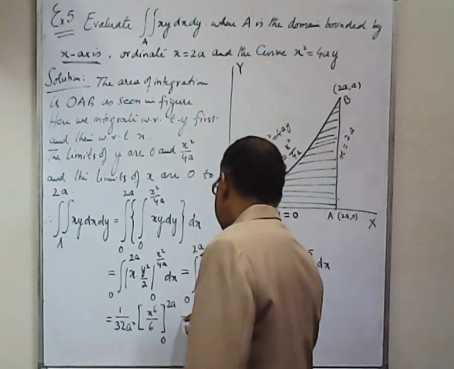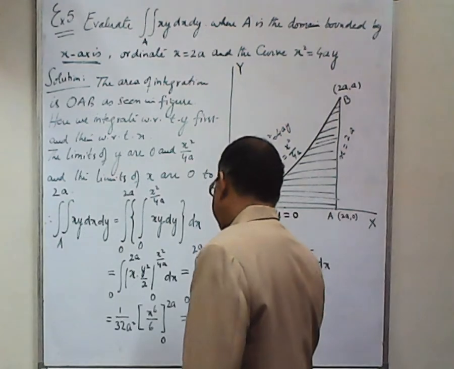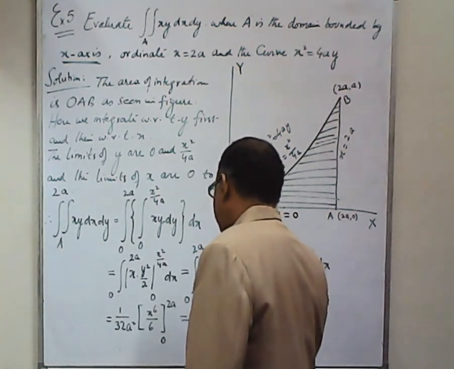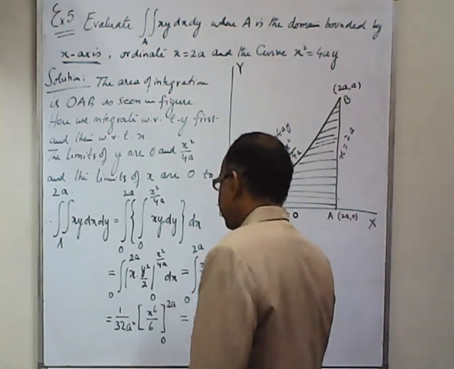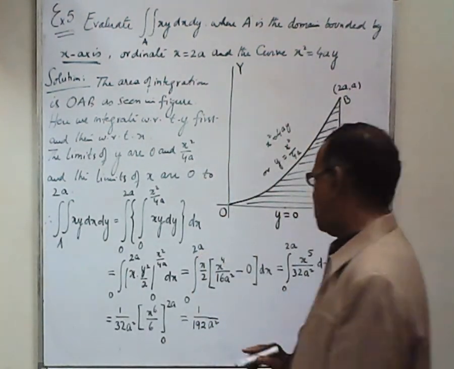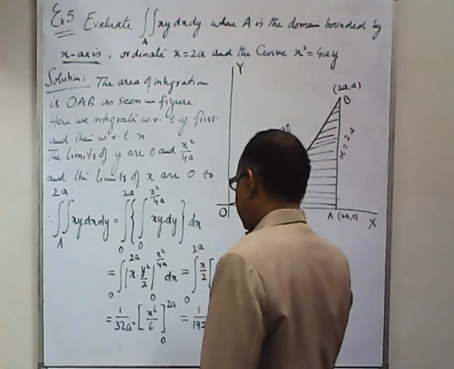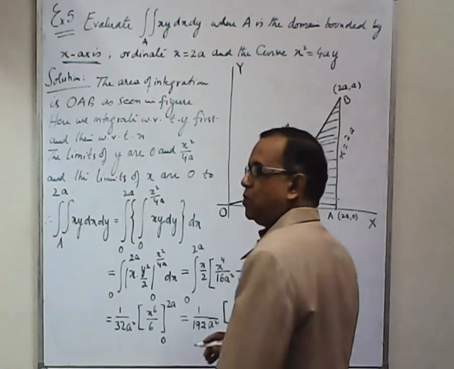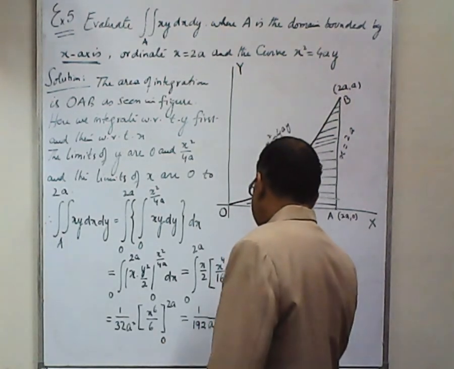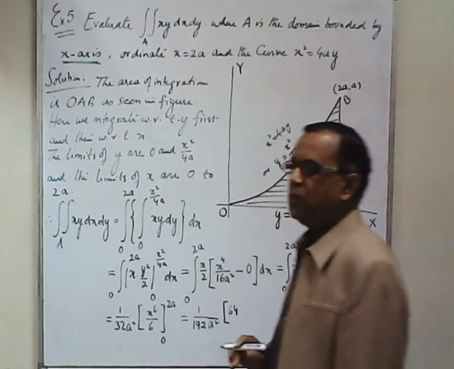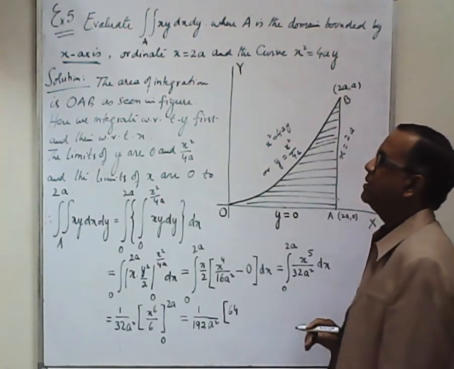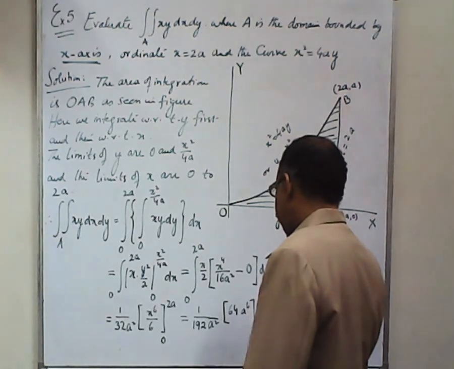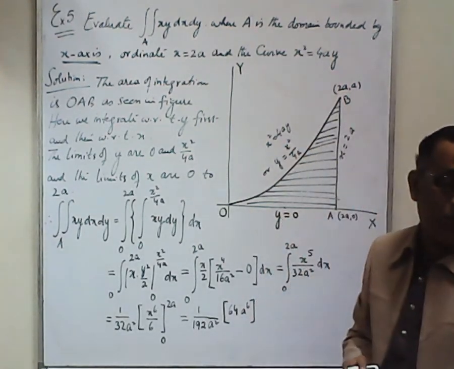So this is equal to 1 upon 192a square, 32 times 6 is 192, and then 2 power 6 a power 6, which is 64 a power 6.